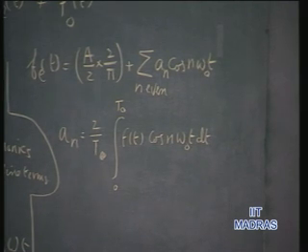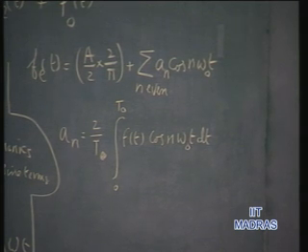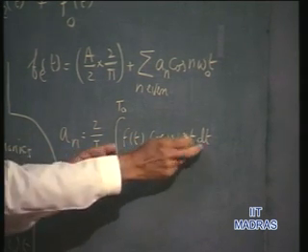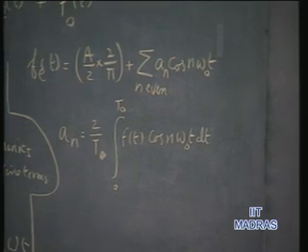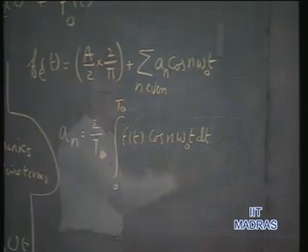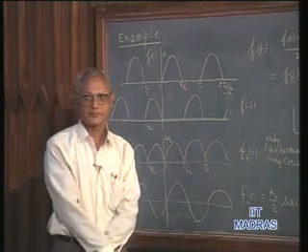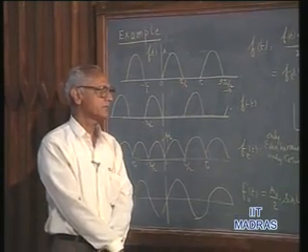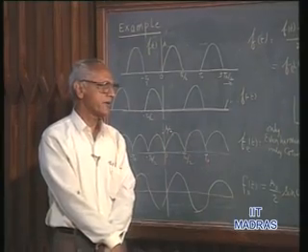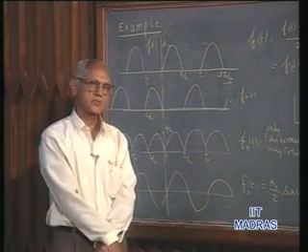And it can be shown that the contribution coming from this integral for 0 to t naught by 2 will be the same from t naught by 2 to t naught, provided n is even. Exactly the same arguments which we used in discussing the half wave symmetry case, where we have odd harmonics present.